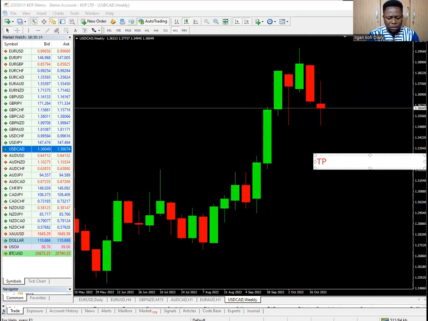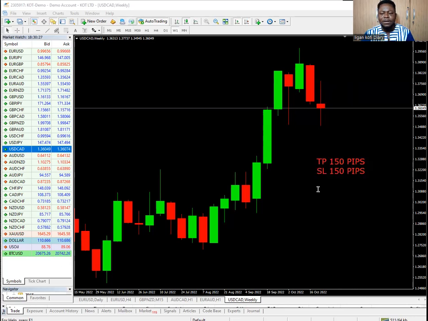TP 150 pips. And then stop loss, also the same, 150. This is COT, let's go with something different. So 150 TP, 150 stop loss for COT. That is all the currencies.